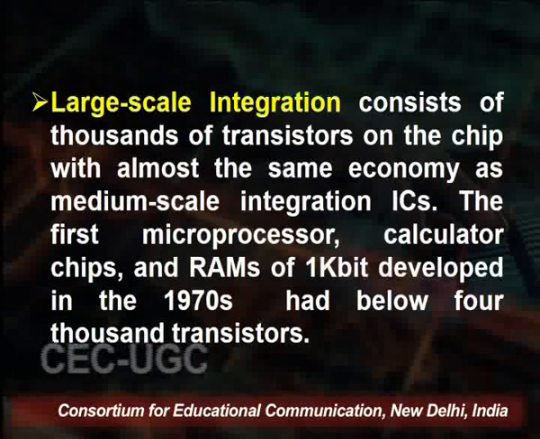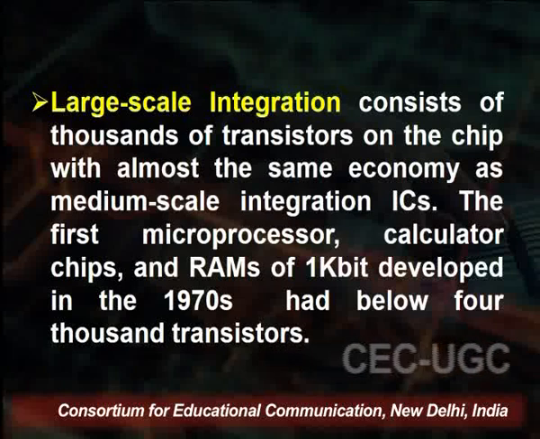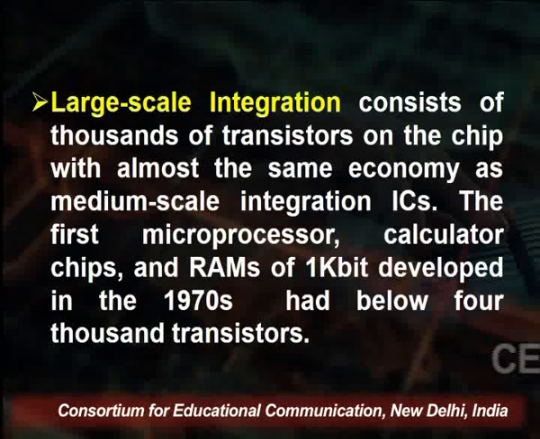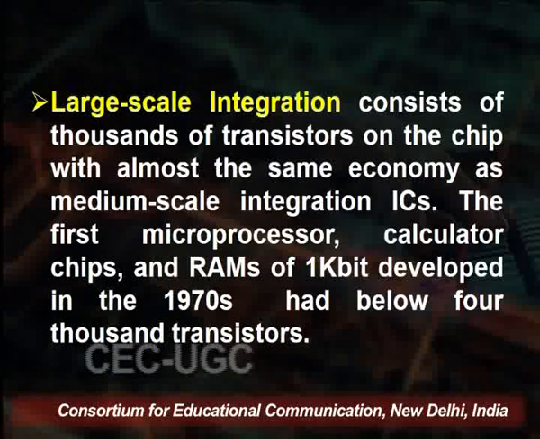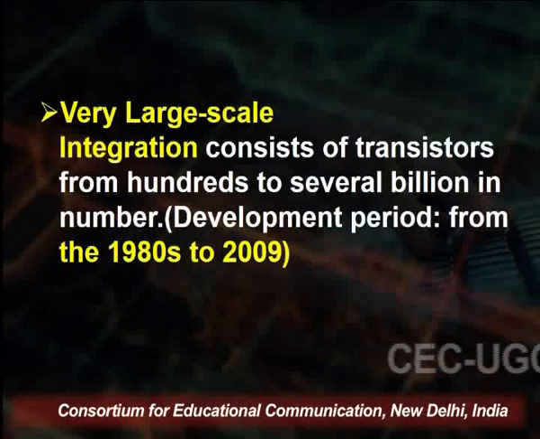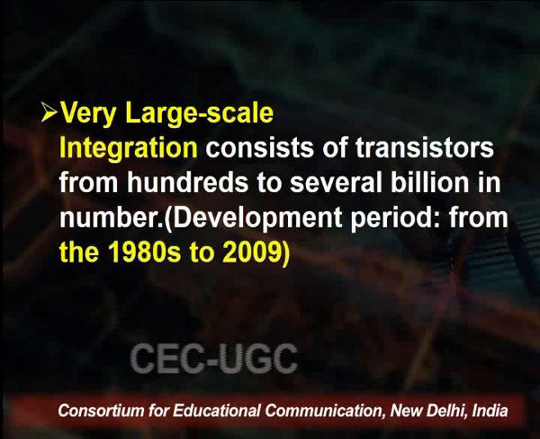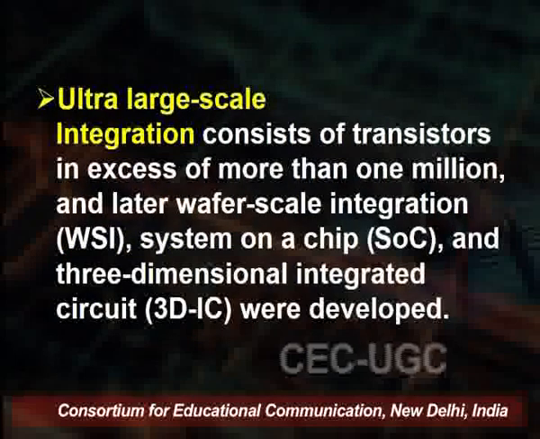The first microprocessor, calculator chip, and the RAM of 1 kilobit were developed in 1970 with about 4,000 transistors. Very large scale integration consists of transistors from 100 to several billions in number, and was developed in 1982-2009.